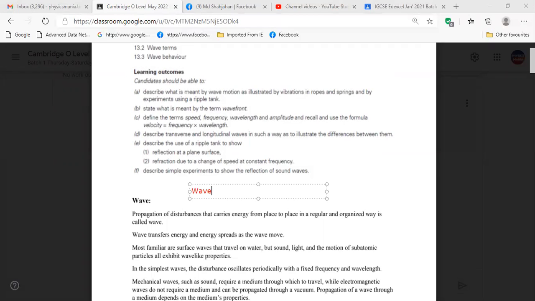Waves are mainly two types. One, mechanical wave.